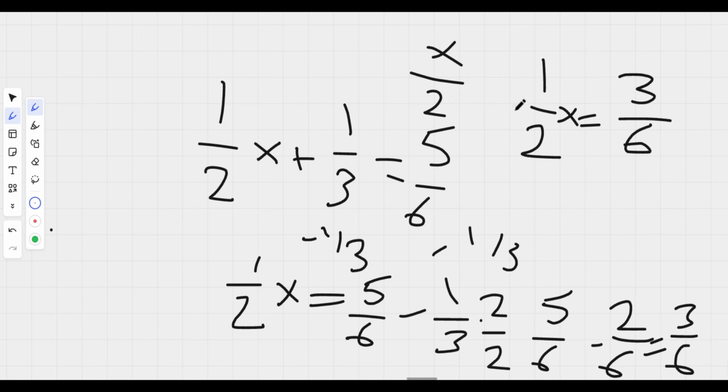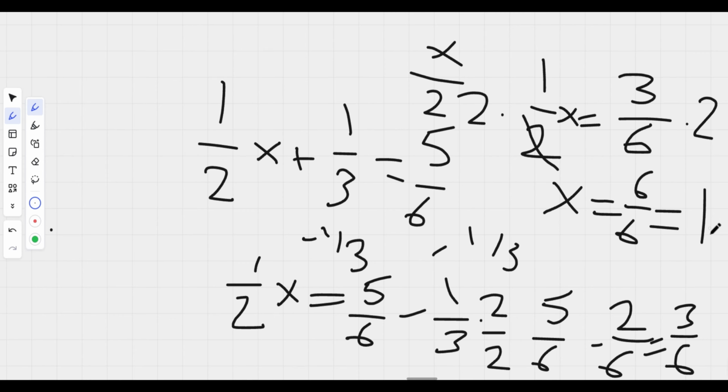And what is the opposite of division? Multiplication. So if we multiply both sides by 2, it will cancel out this 2 right here. But again, we have to multiply this side. So then we're going to get x is equal to 6 over 6, or 1.